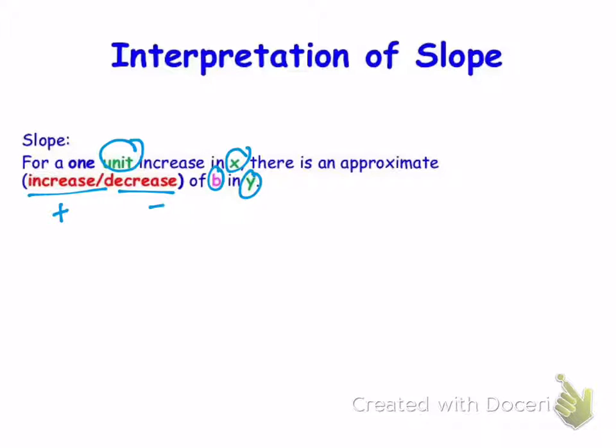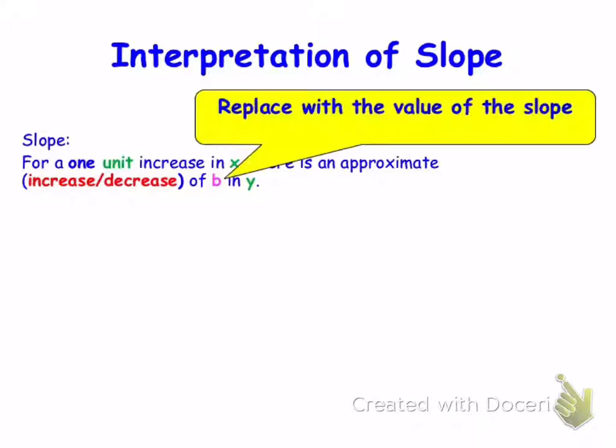You should never have the word unit, x, b, or y in your final answer. You should substitute words that are relative to whatever problem you're talking about. That's what I mean by script. When I tell you to memorize a script, I want you to memorize this sentence, but be able to translate it into any type of scenario that I give you. Okay?